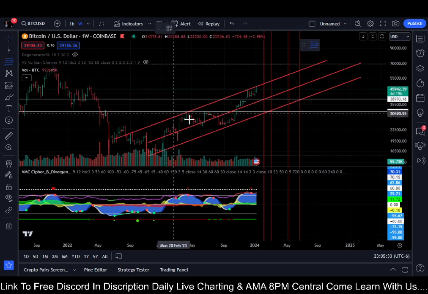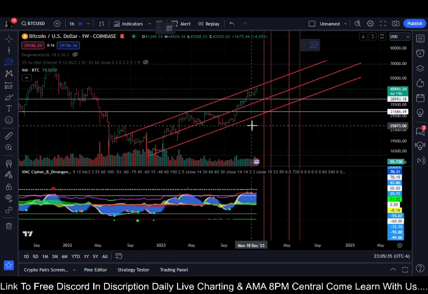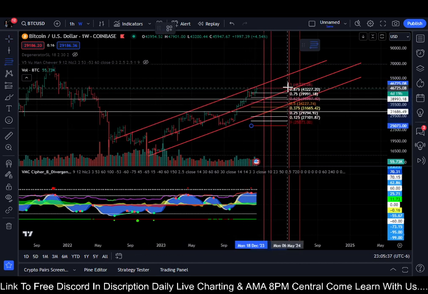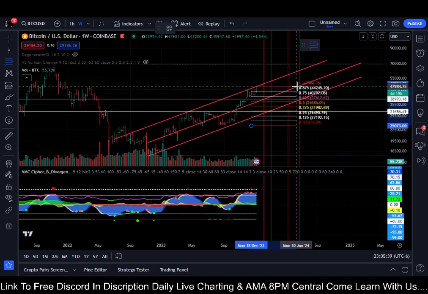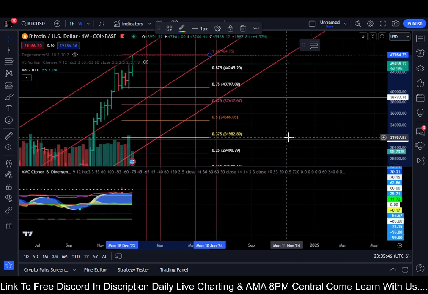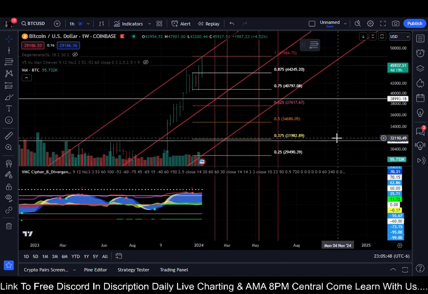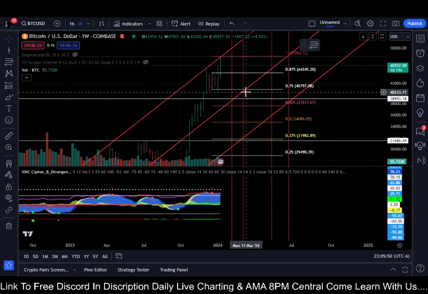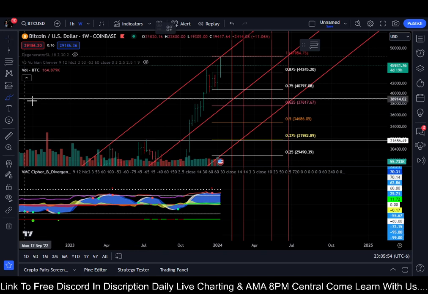Now let's grab our fib. Let's pull it from the low to the high. Well, it looks like we're in eighths, which is okay. We can check that. Let's see if we have any correspondence with our speed lines. Well, here we do. So this looks promising.